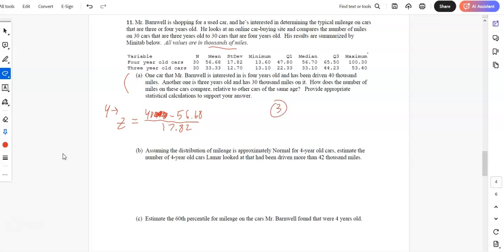For the 3-year-old car, the z-score is equal to, so the value was 30,000 miles, so 30 minus 33.33, which makes sense, if we have less miles, over a standard deviation of 12.7. And again, that should give us an answer as well.